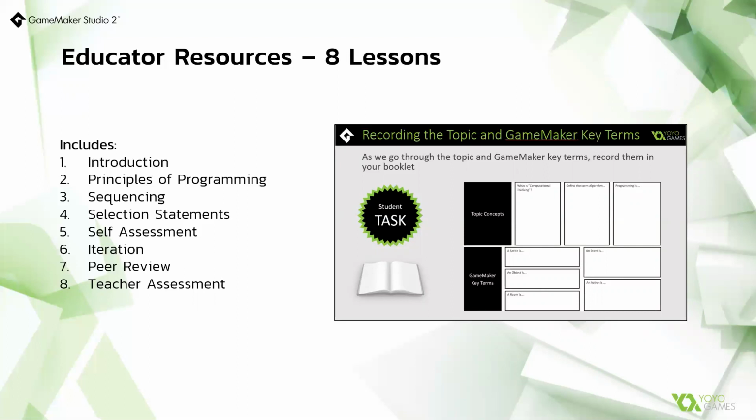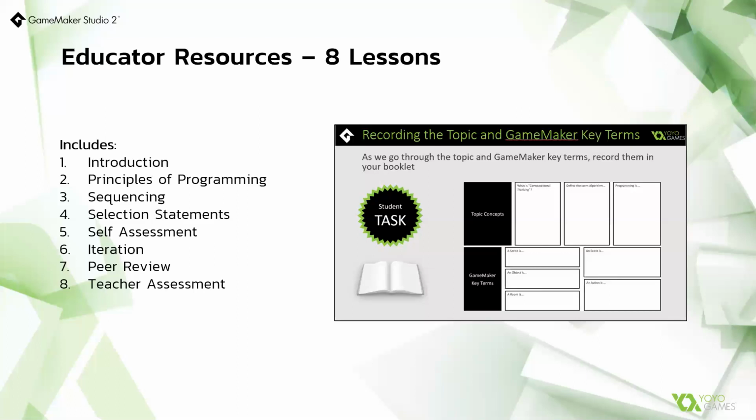So looking at the list of what's covered, there's an introduction. Number 1 is an introduction including terminology. Number 2 looks at the fundamental building blocks of programming. 3, sequencing is about ordering actions. 4, selection statements, which are used to select which code is run under what circumstances.